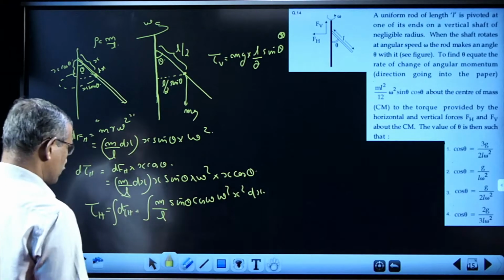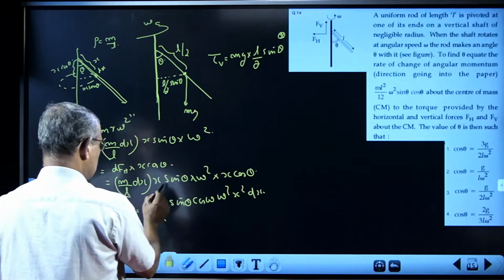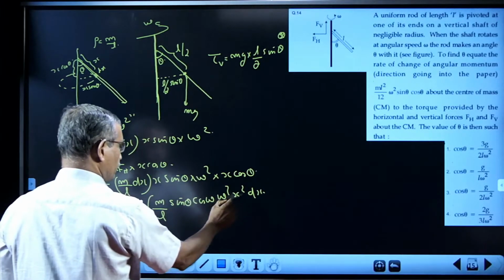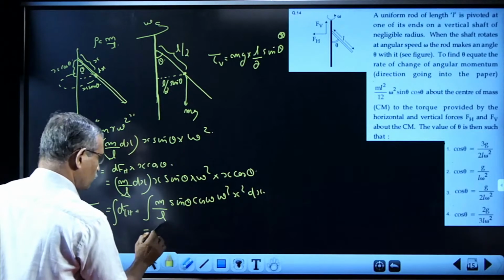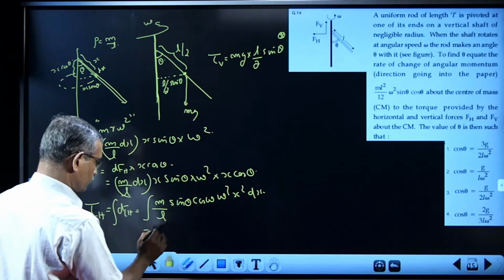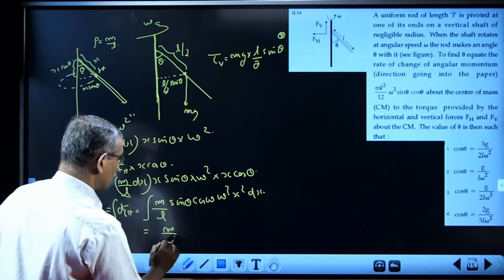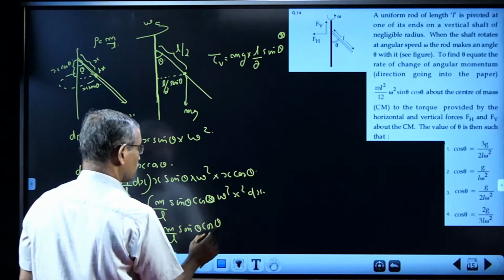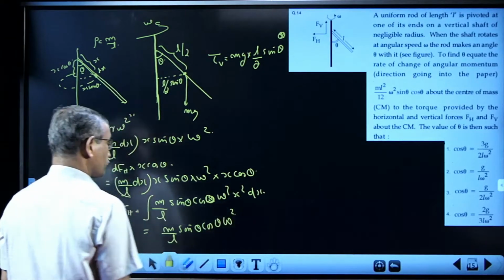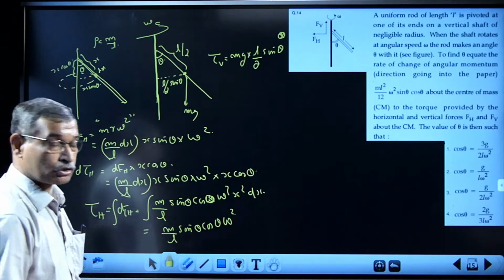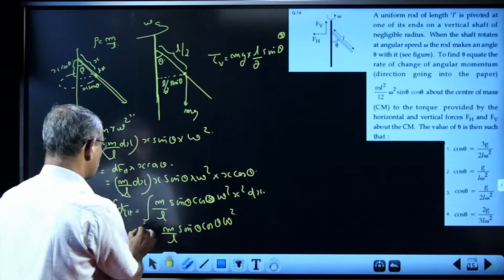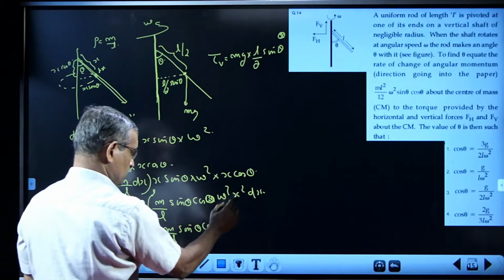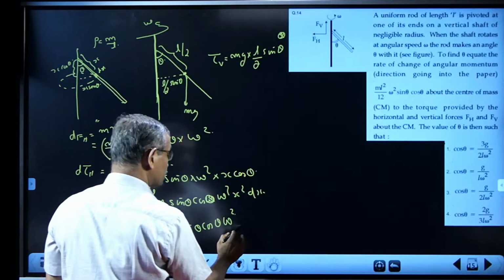All the terms are included. On integrating, x cube by 3 between the limits 0 to L gives L cube by 3.